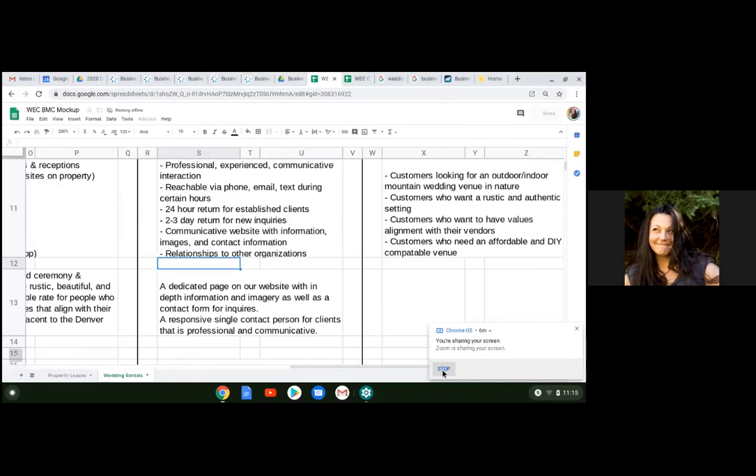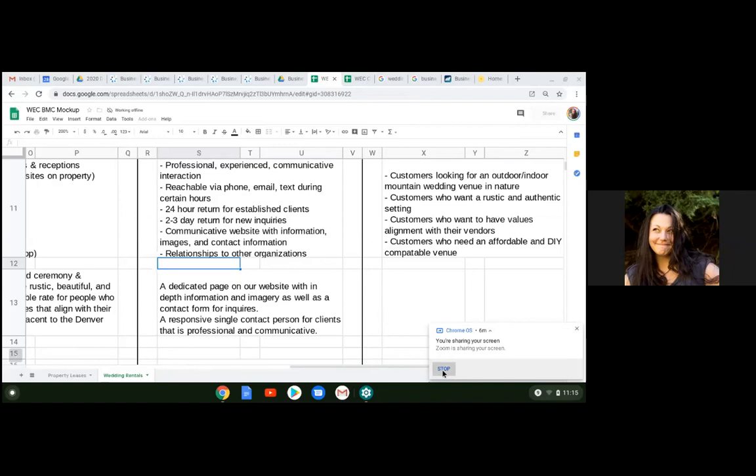Great. The other thing I just wanted to go over, can you still see my screen? I still see the BMC mockup document. Great. So if we could just look. So I did a little bit of work on customer segments, starting to think out who are our target audience.